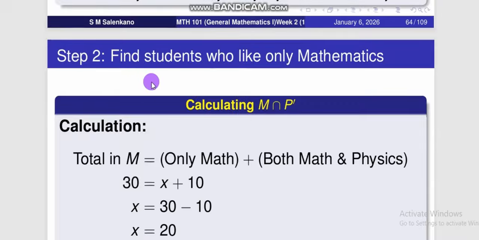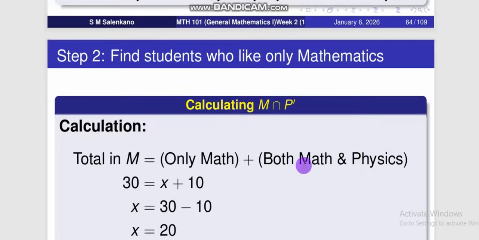So the first one is we are going to find our X. Find students who like only mathematics. Remember what we said, that the total for the students who like mathematics, the total that we are given, M, is actually a total for 2: those who like only mathematics and those who like both mathematics and physics.